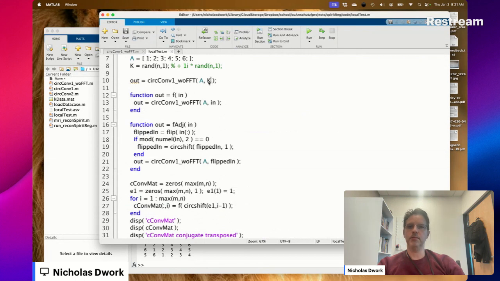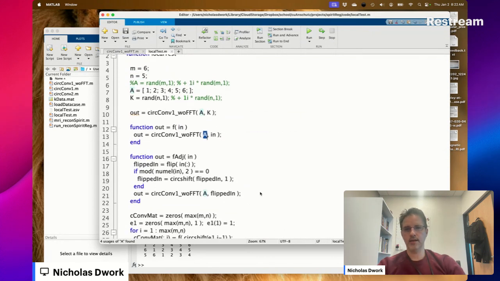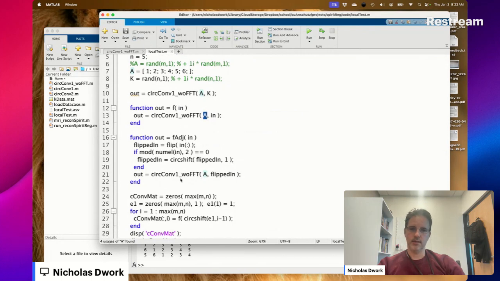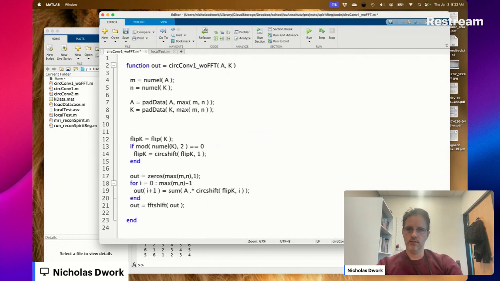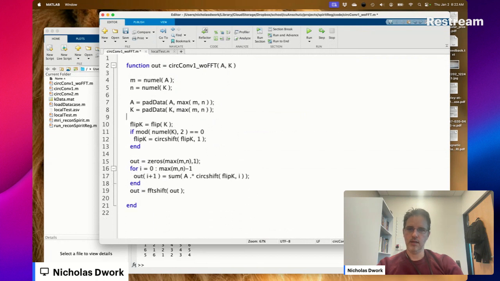I don't want to be flipping K or in. I want to be flipping A. Flip. Okay. Why did I flip K here? Because that's what convolution is.